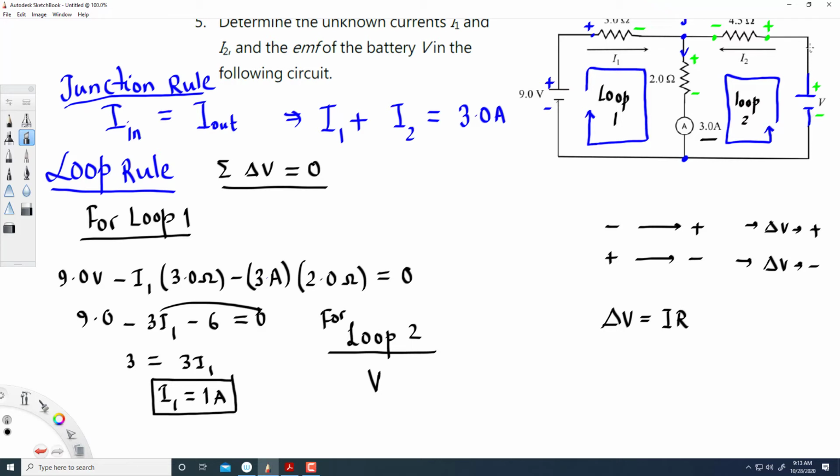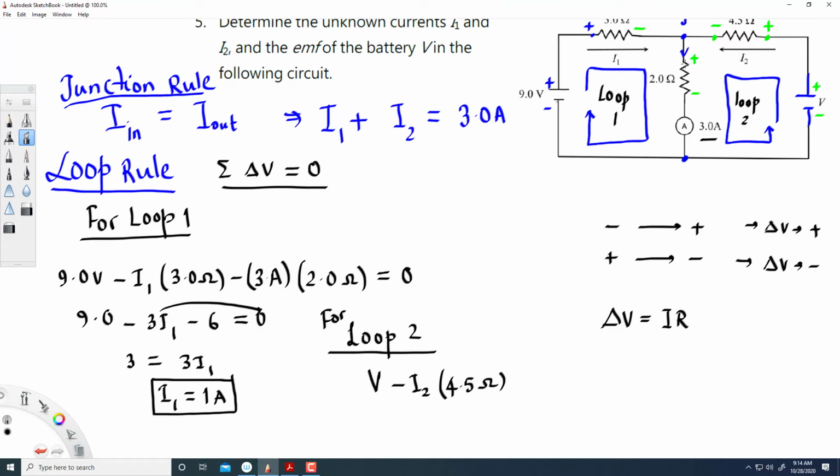The potential difference across this one is I times R, where I is I2 and R is 4.5. In this case we are going from higher potential to lower potential, so the sign is negative.